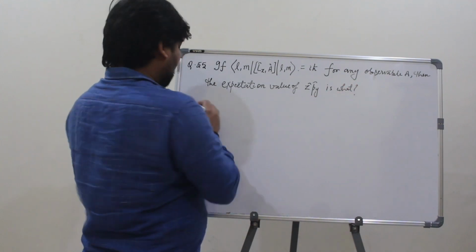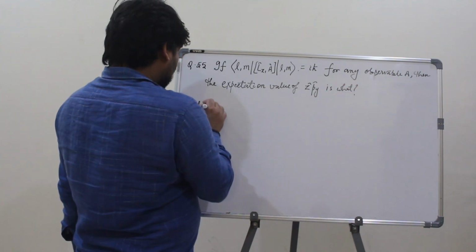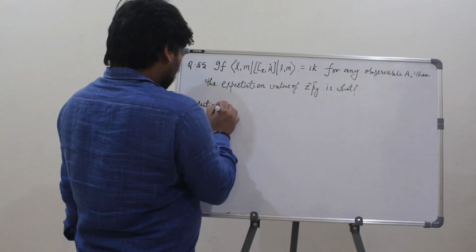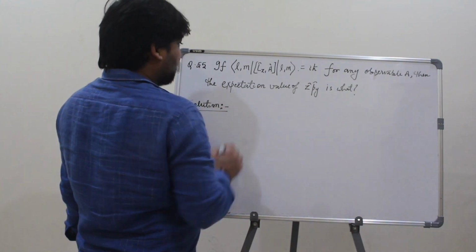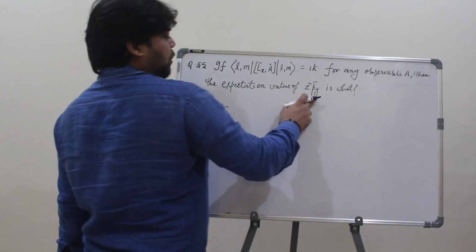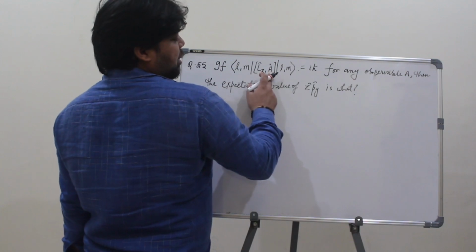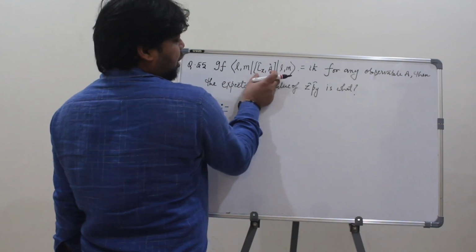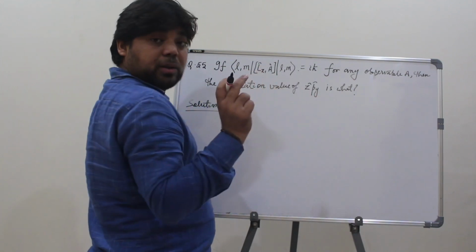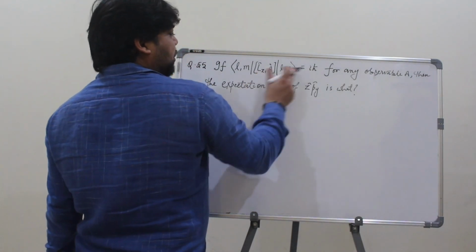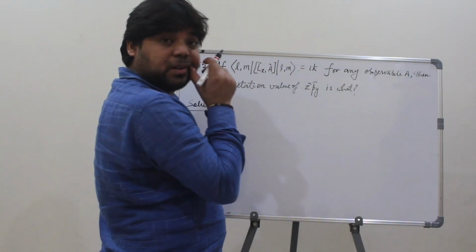Let us try to find it. You have to select A in such a way that it gives you Z cap Py, and then you can easily find the expectation value.